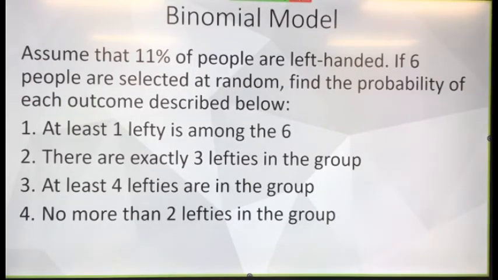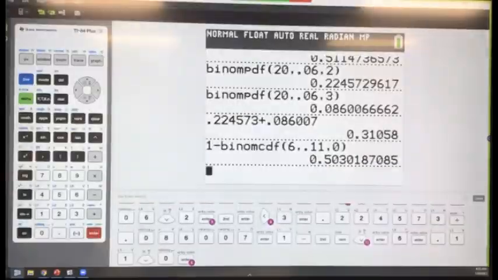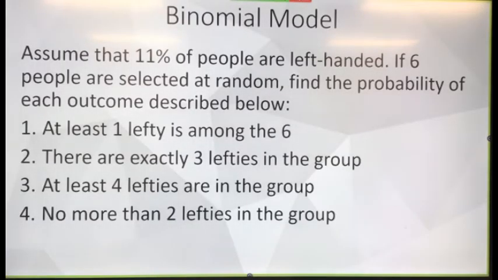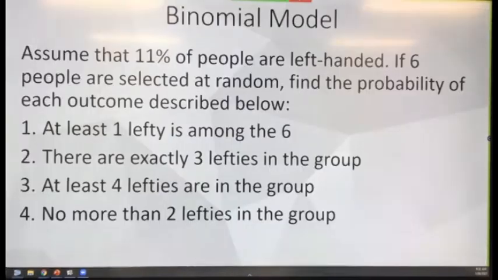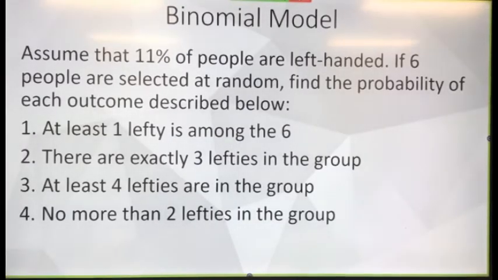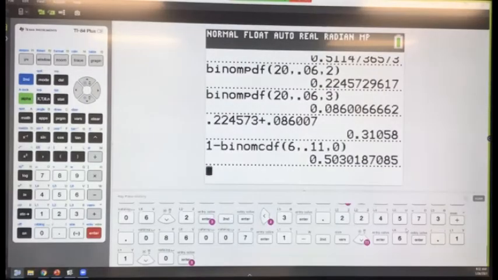So it looks like number 3 is about the same. So solve number 3, at least 4 lefties are in the group. Find the probability. At least 4. What's the probability that at least 4 are going to be left-handed out of that 6?